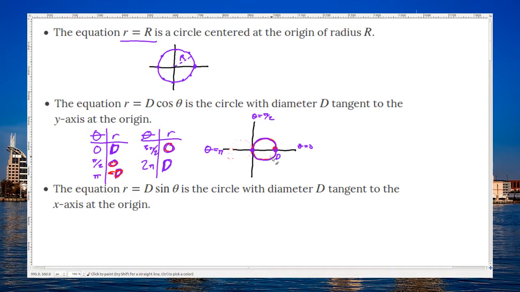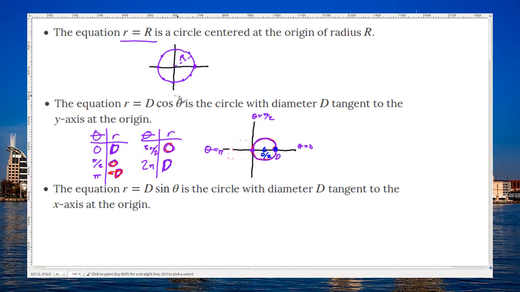It has diameter d, because you can see that the center of the circle would be here in the middle at d over 2. Halfway. And we get 2 rotations of it, starting at this point here on the right. So we think of this as tangent to the y-axis, hitting it at the origin.